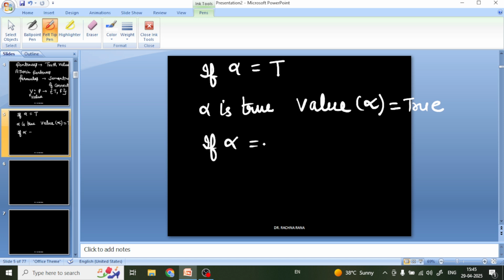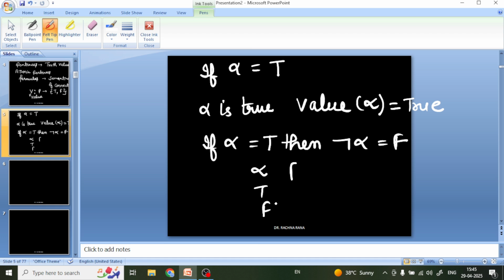If alpha equals true, then not alpha is equal to false. For example, you have given alpha, that is true and false. And not alpha means true, false, false, true.